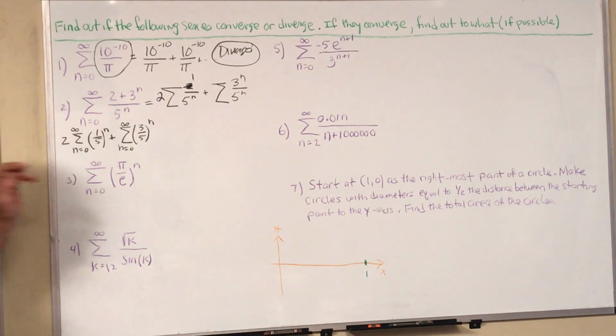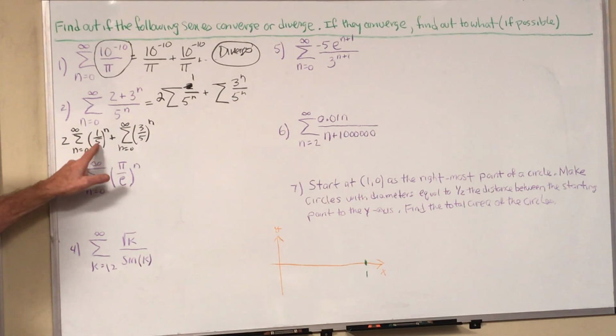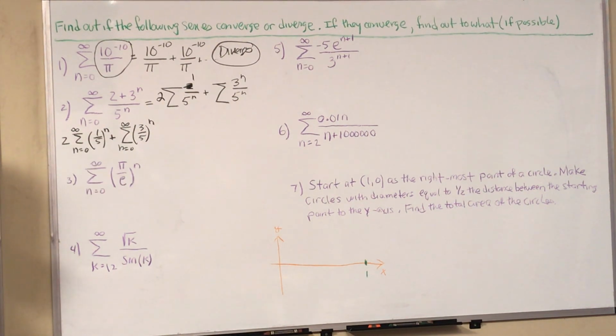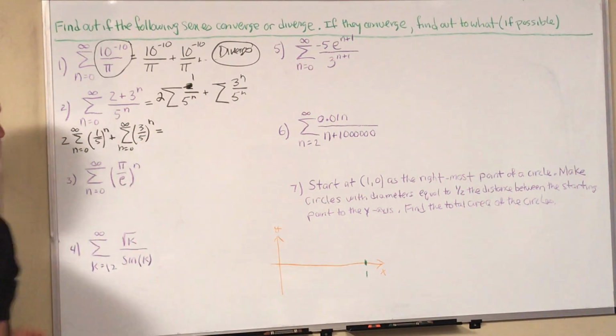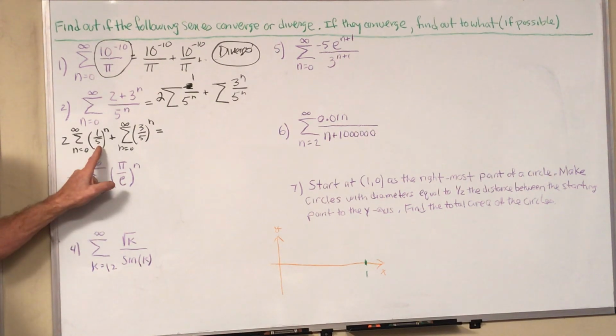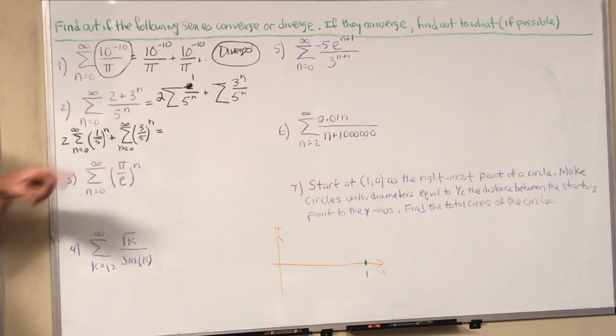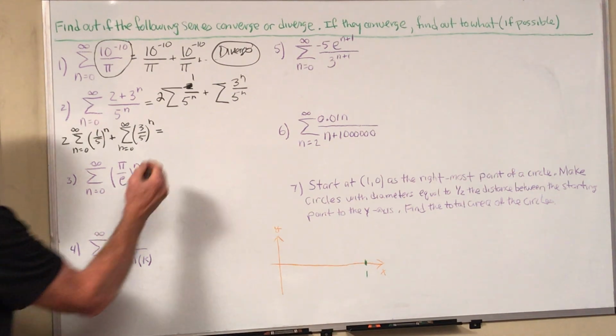So they're both geometric series. They're both a r to the n. Now, it's important what the first term of the series is. We're starting at n equals 0. So the first term of this series is going to be 1. 1/5 to the 0 power is 1.